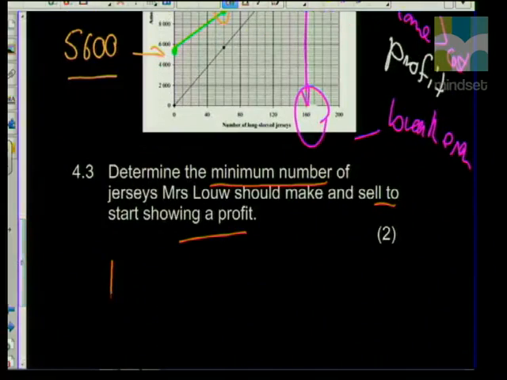No, they want a whole jersey. So she has to sell 161 jerseys, and now she's made a little bit of profit. Obviously, the more she makes above the 161, she's starting to recover the expenses for buying the knitting machine.